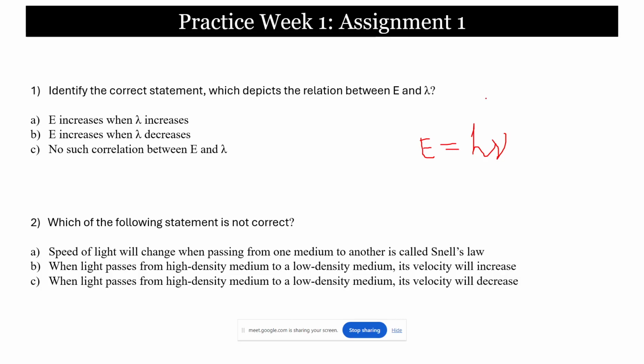I should write it. c is equal to nu lambda.